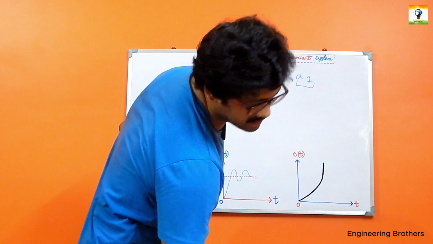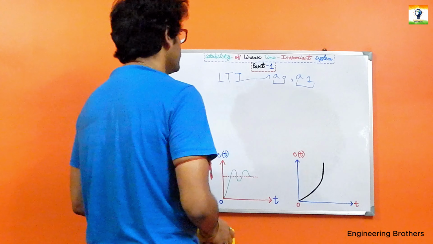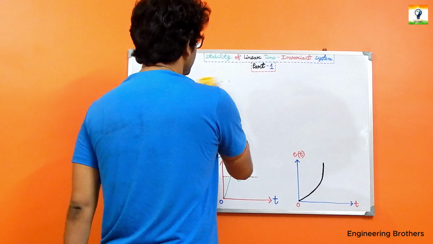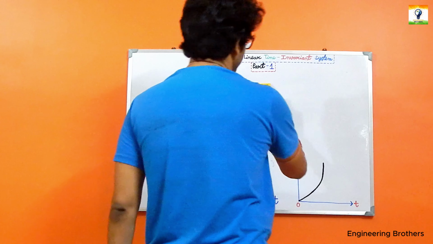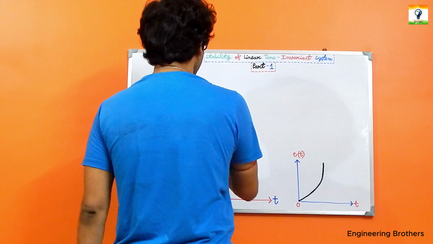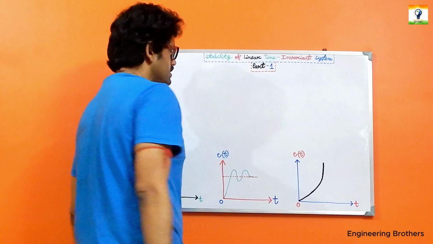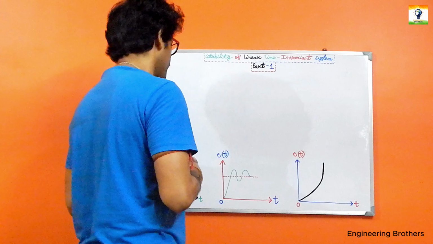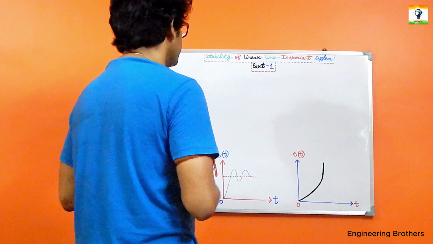This is the simplest definition, and for a control system, specifically for the definition of a transfer function, we consider the system to be linear time invariant. This is our first step.